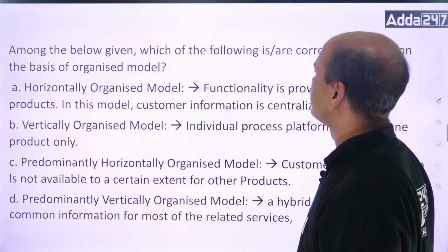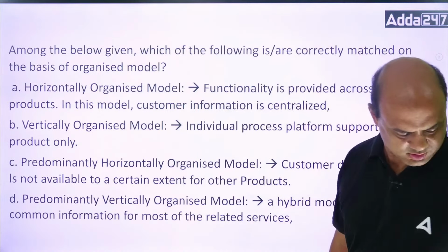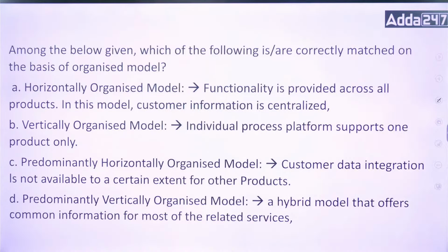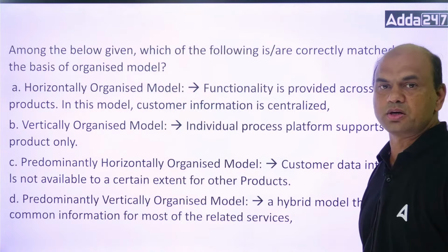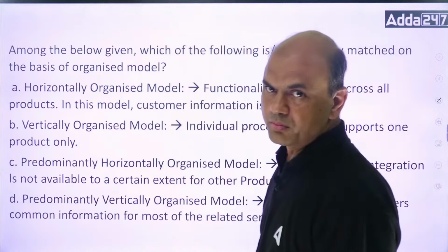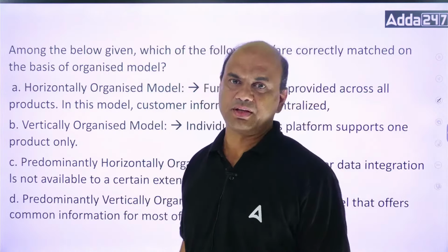Among the below given, which of the following is or are correctly matched on the basis of the organized model? Now what is this model? Models are of four types in your banking.